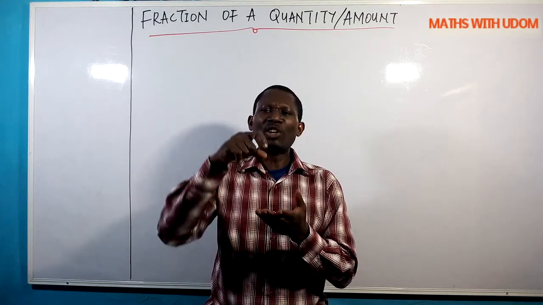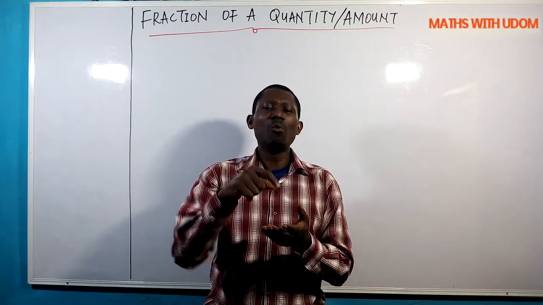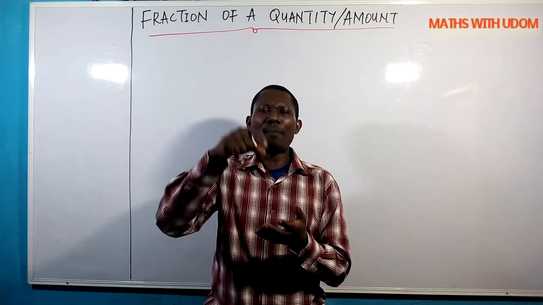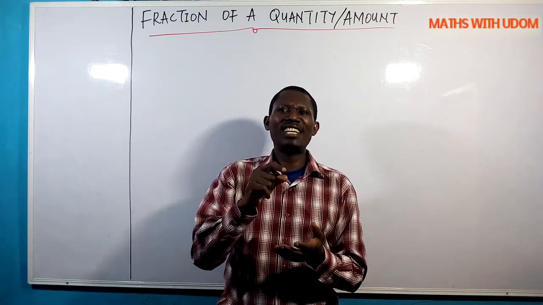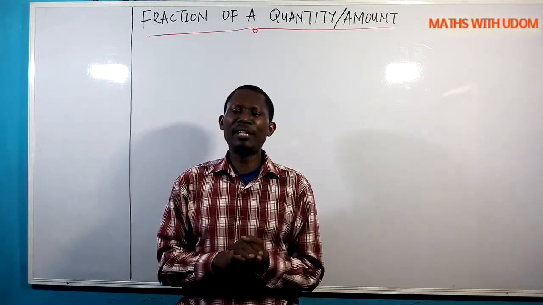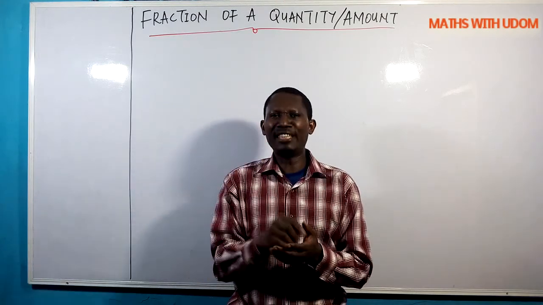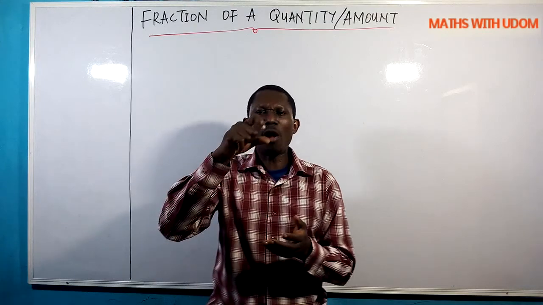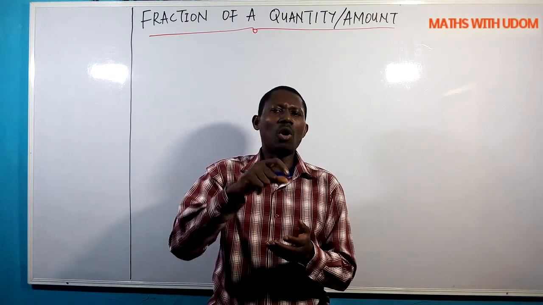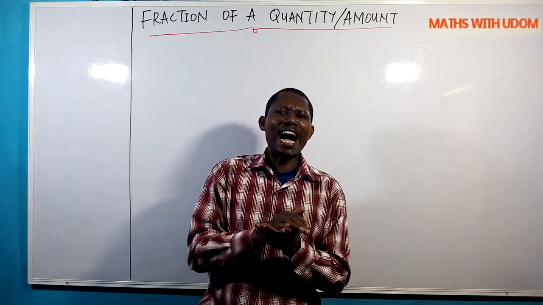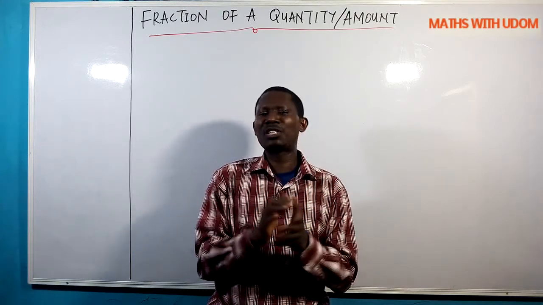How? The denominator of that fraction will tell us how many equal parts the amount or quantity is split into. How many parts will that quantity be split into?